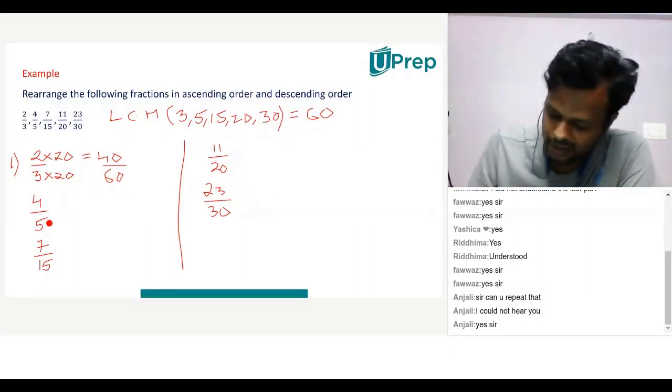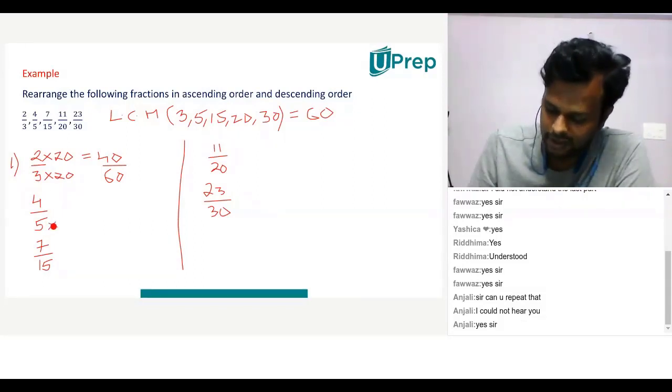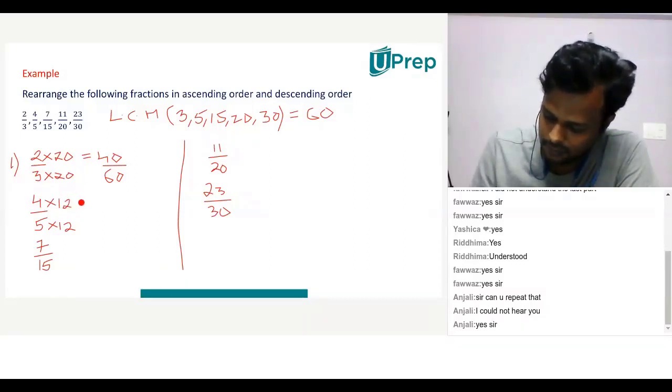In the same way, children, I have 5 in the denominator, but I need 60. So I will multiply it with 12 in the numerator as well as in the denominator. So this becomes 48 by 60.